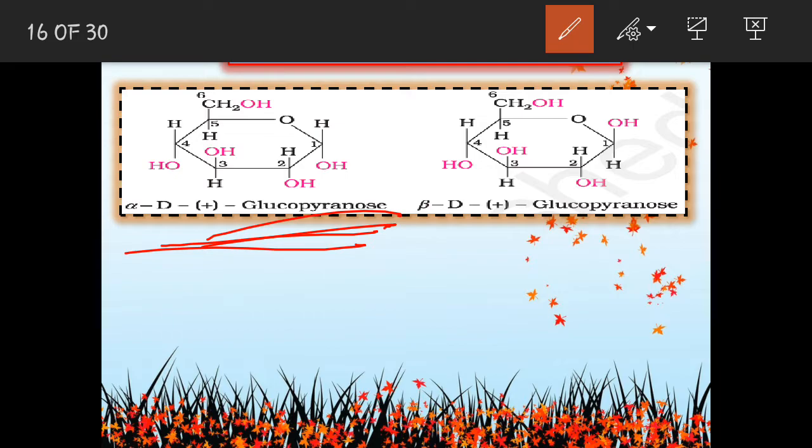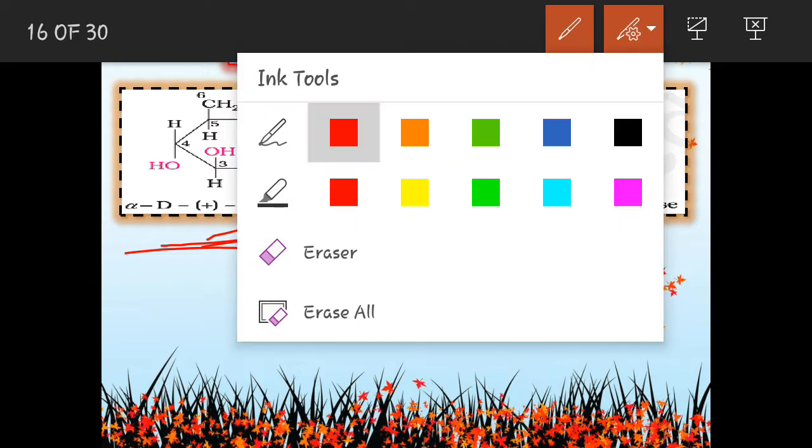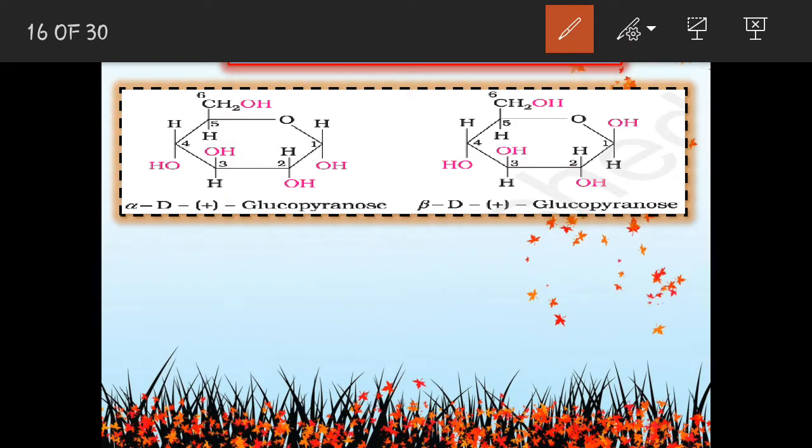Okay, so now I'll tell you how to write this structure. I said this structure is very important. How to write it? I'm showing on the screen what I have already written. You follow this technique while writing the structure. Actually, it's not a technique, it's a pattern. Follow a pattern so that the same pattern can be followed in the next structures also.